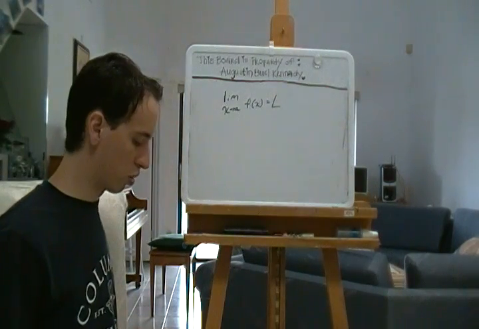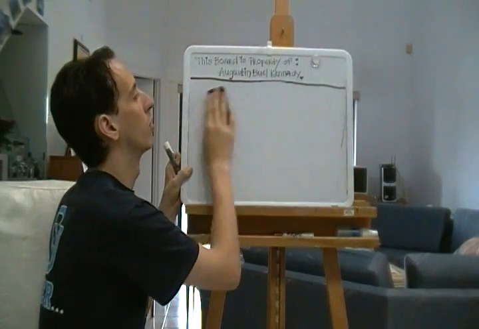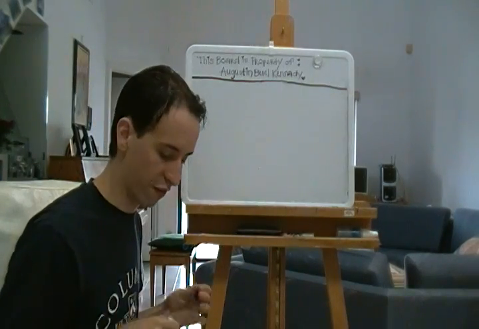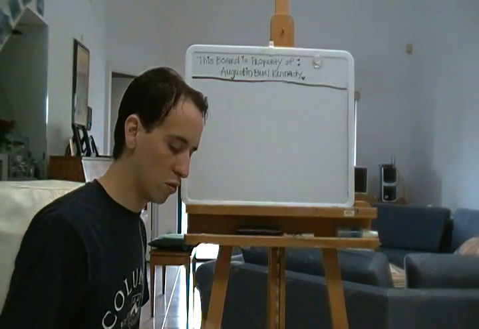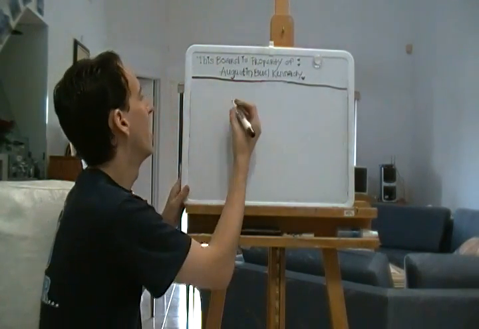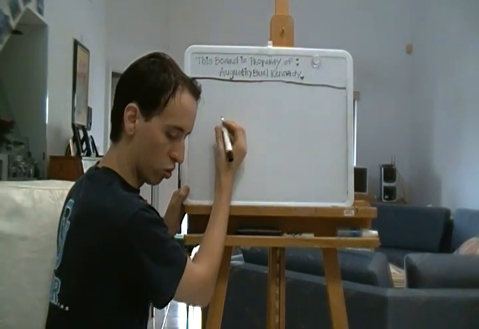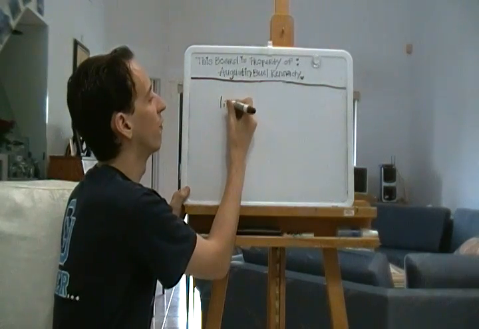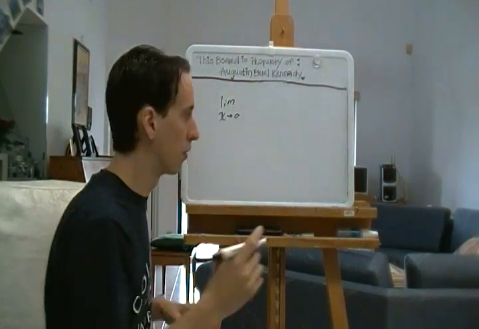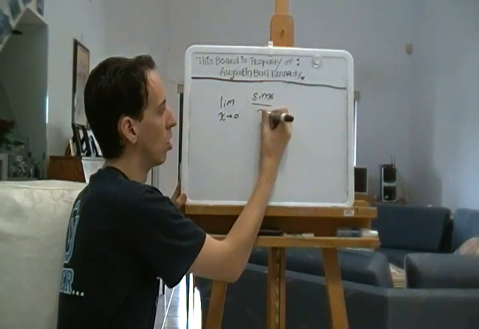Now what we're going to do is look at a couple of limits here. We're going to analyze a couple of functions, and we're going to see whether or not we can find a limit. We're going to use a fun trigonometric type function. This one is a pretty good example that you'll see pretty often in most calculus courses: we're going to find the limit as x gets closer and closer to 0 of the function sine x over x.